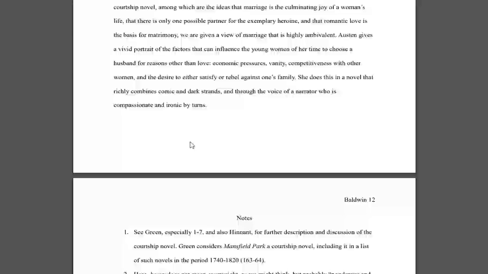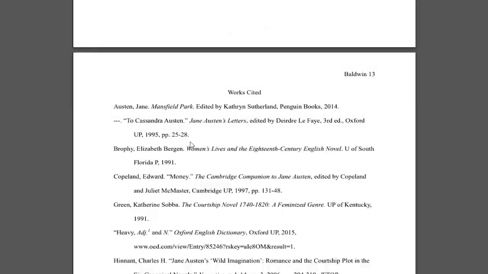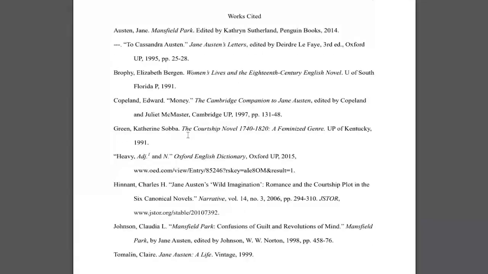And then at the end of your paper you'll have what's called your works cited page. This is where your professor will check to see the kinds of sources that you used in your paper. So the in-text citation is really short without a lot of info, but here we have all the details about the different sources you used, what books you read, what articles you looked at, and your professors are going to check this to make sure that you use good quality sources for your paper, like books and academic journal articles from EBSCO.